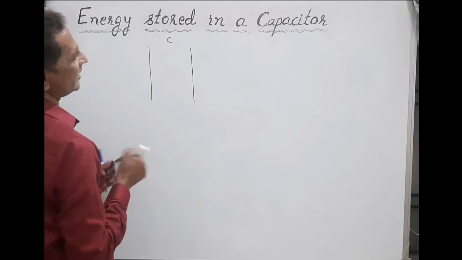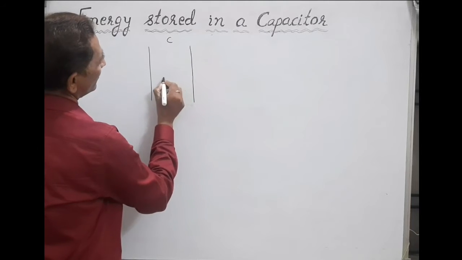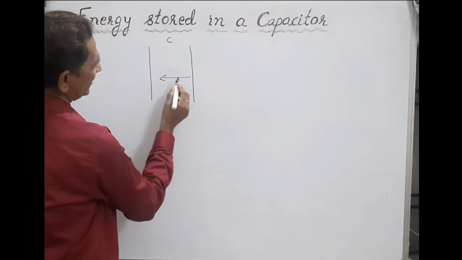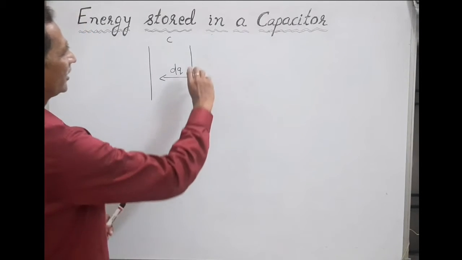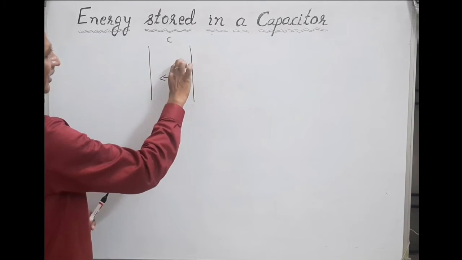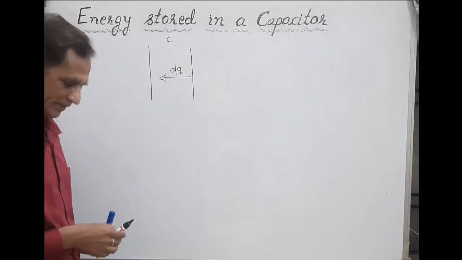Initially, one charge can transfer from this plate to this plate in the form of dq. This plate supplies charge dq to the other plate bit by bit.